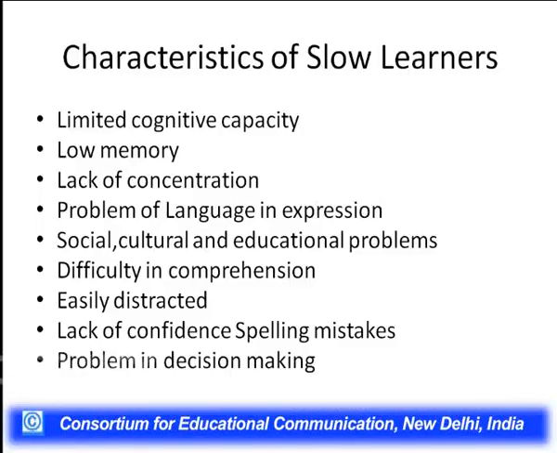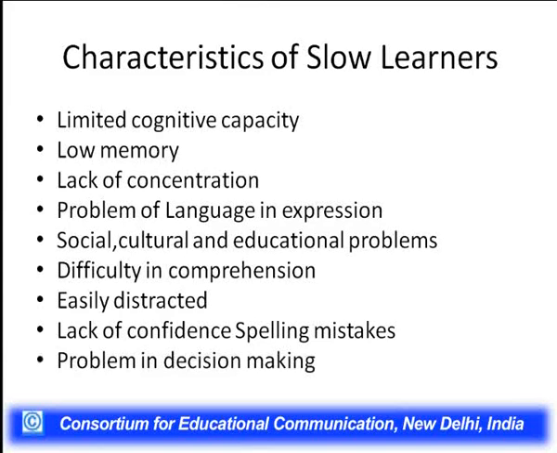Now, after knowing the causes, we have to see what the characteristics are, what the symptoms are through which we can identify these slow learner children. I have just told you that sometimes their IQ level is as genuine as that of other normal children, so the difference or the observation is very minute.